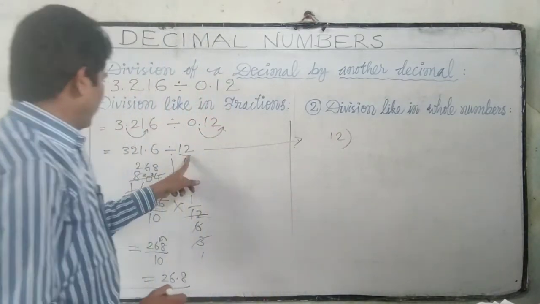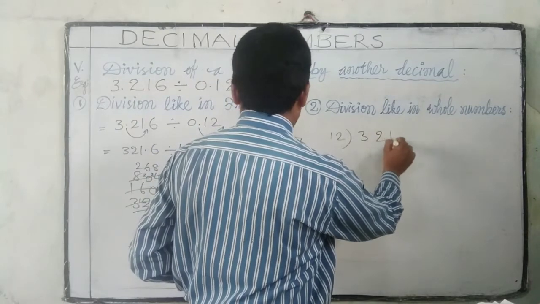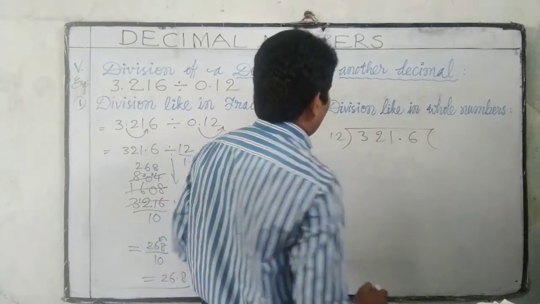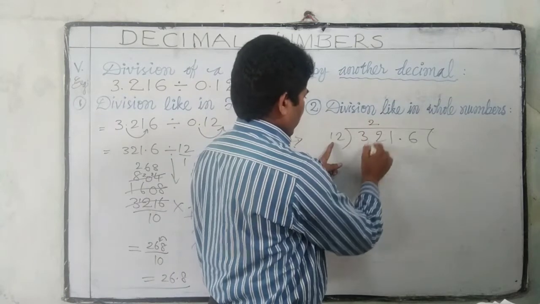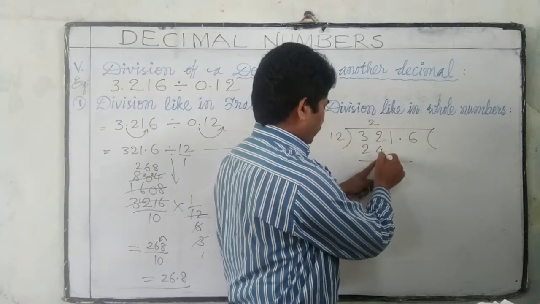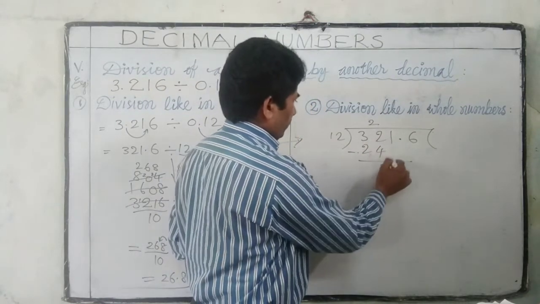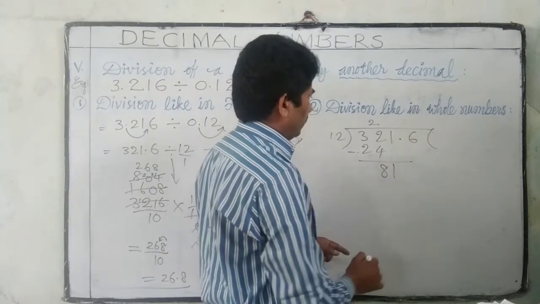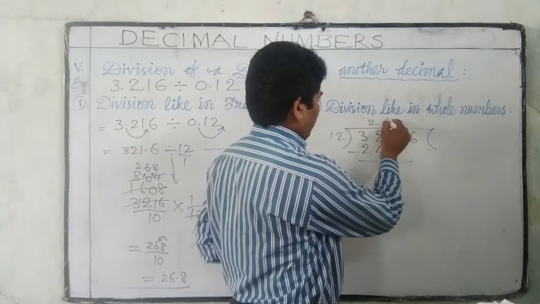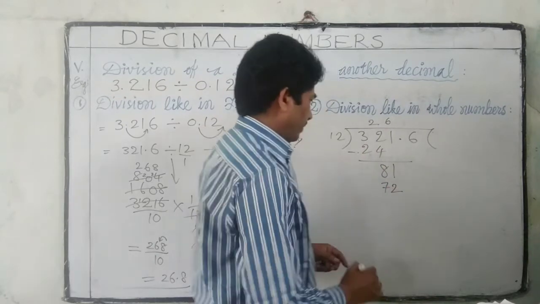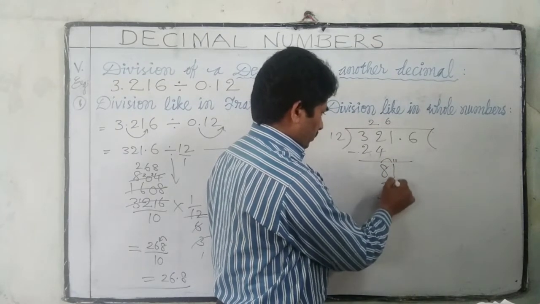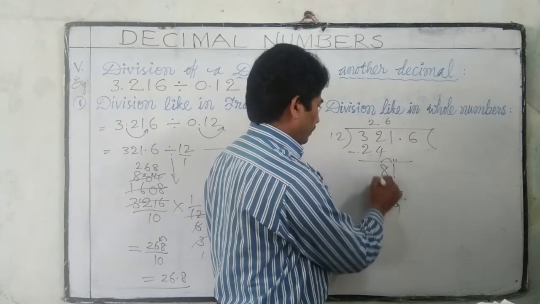We have to divide by 12. 12 twos are 24. 12 minus 4, 8, 1. 12 fives are 60. 12 sixes are 72. 11 minus 2, 9. Here 7 only.